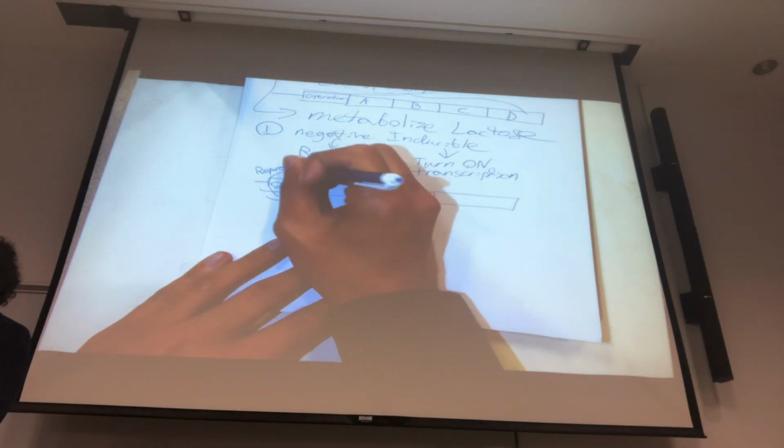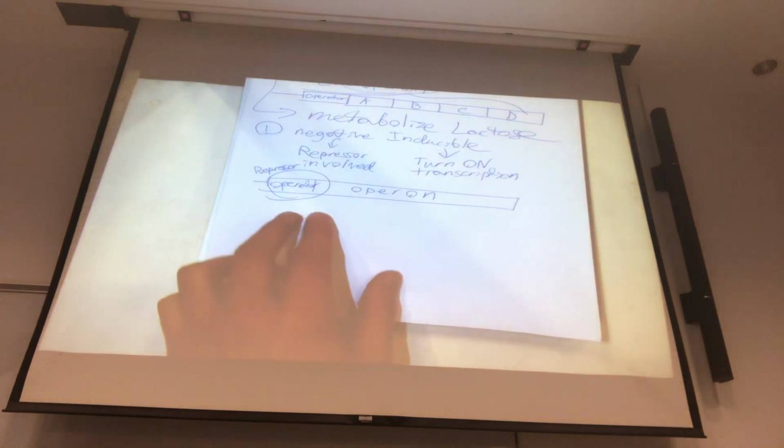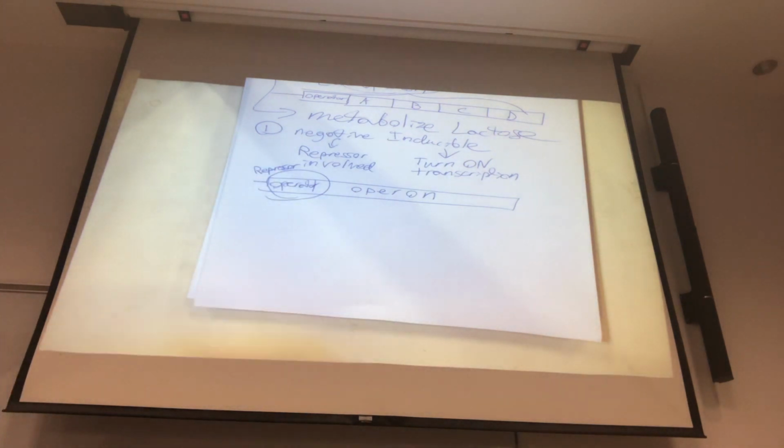Does it have to be on the operator or in the Lac Operon? Yes, the repressor will bind to the operator site on the Lac Operon. And in doing so, it's preventing RNA polymerase from coming in and transcribing the genes of the Lac Operon. So the repressor binds to this thing.